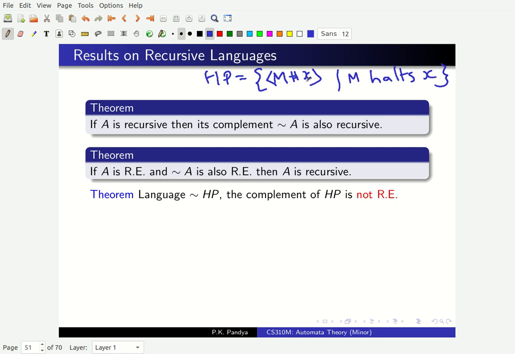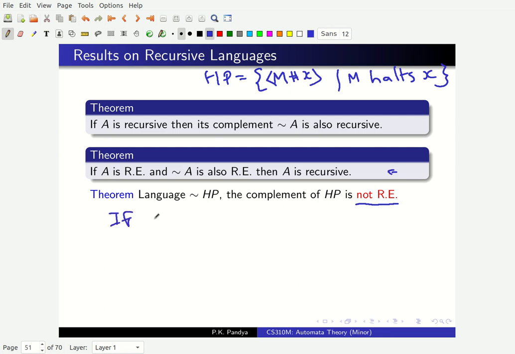Strings which don't form a valid representation. My claim is that not of HP is a well-defined language. And what kind of language is it? Is it recursive? Is it recursively enumerable? Now my claim is that the complement of HP is definitely not RE. Because if the complement of HP was RE, then because HP itself is RE and the complement of HP is also RE, then HP will become recursive by this theorem.